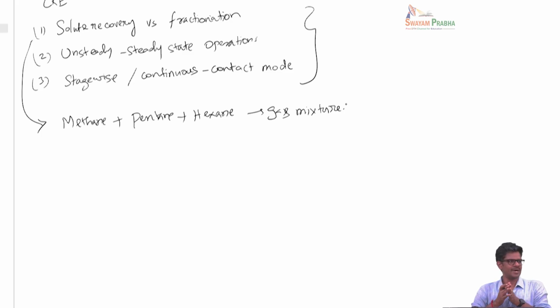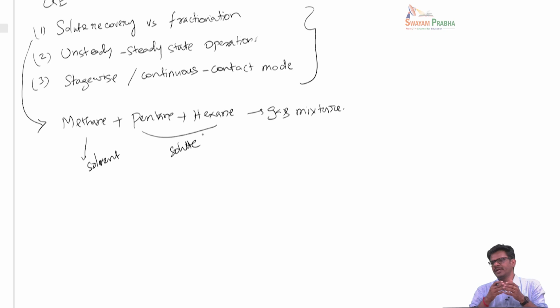This is because of a vast difference in the vapor pressure of methane versus the other two compounds. So in this case, we can treat this methane as a solvent like behavior, and this pentane and hexane is more like a solute. So in this particular absorption, we have recovered pentane and hexane as a solute. So this is called a solute recovery from a solvent, which is methane in this case.